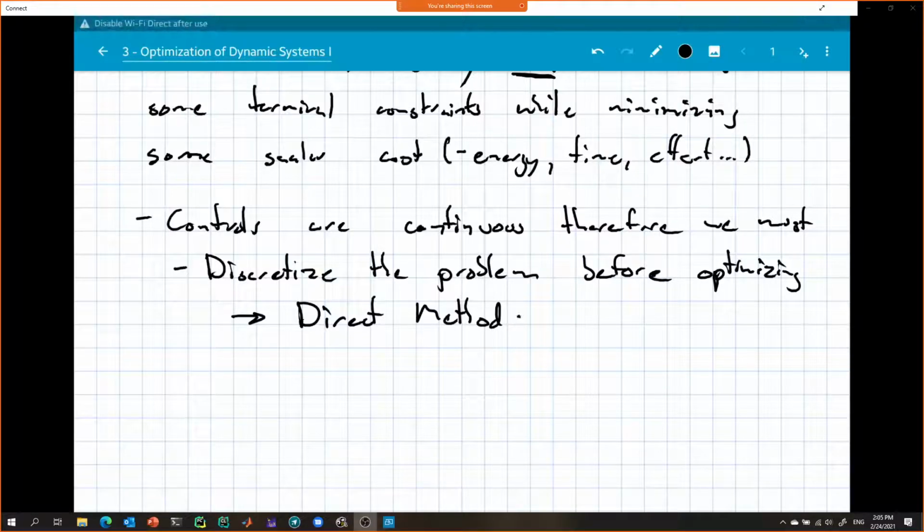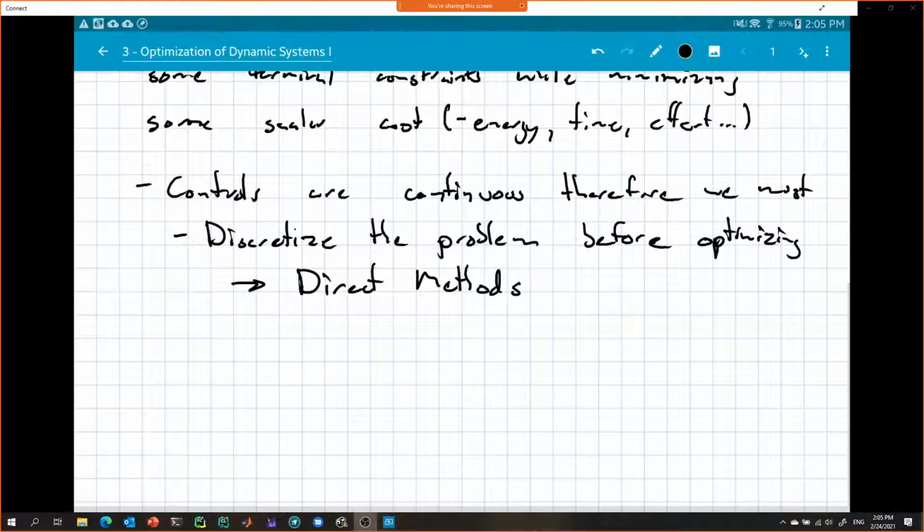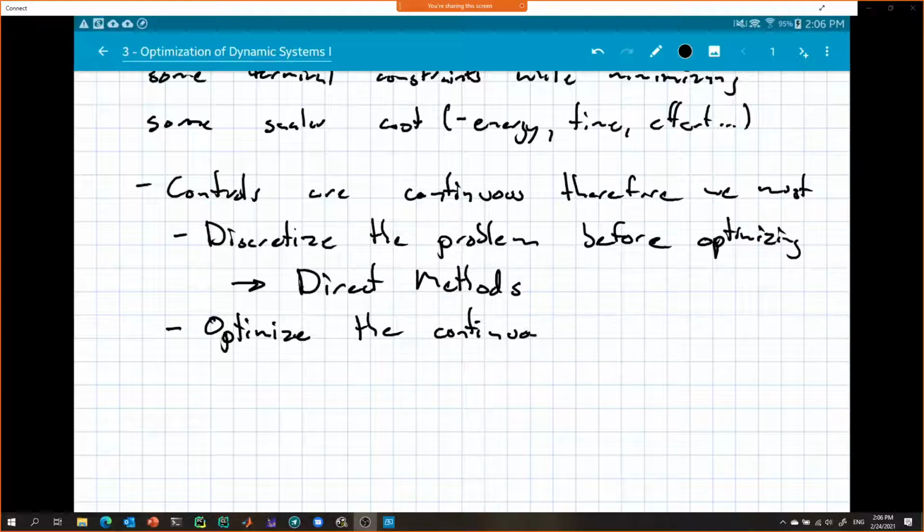And I may go into this more in depth in a different lesson. Or we can optimize the continuous problem as a continuous problem. So this is indirect.